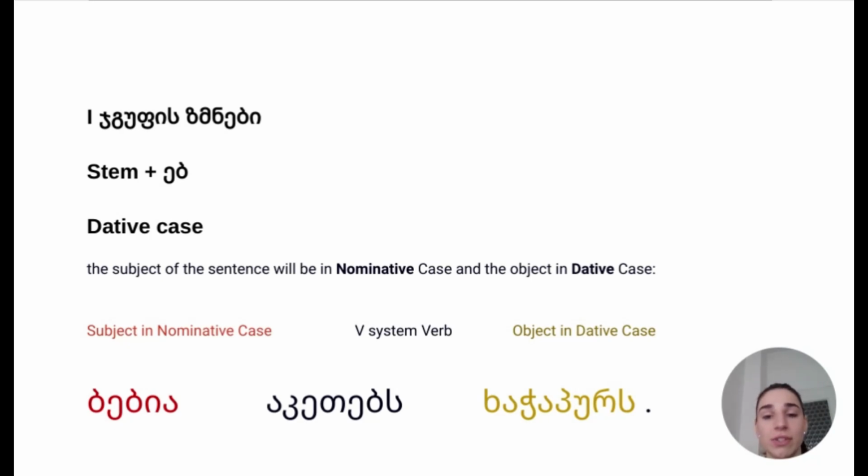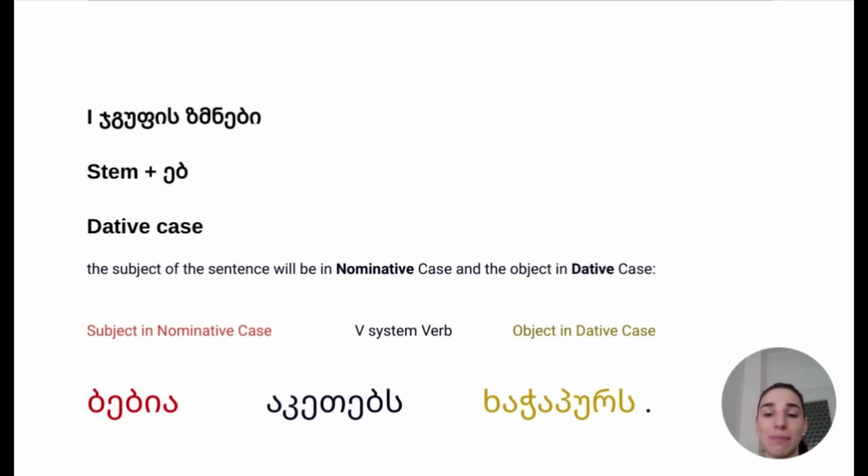Agetips is a verb that means the action happens towards something. It's not like the verb to sleep or to laugh, but an action verb, okay? And then we have the object of everything that happens, which is khajaburi. It's a traditional Georgian food, and it is in the dative case, okay?